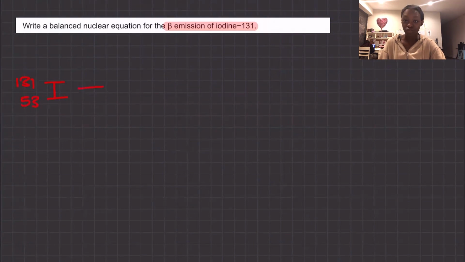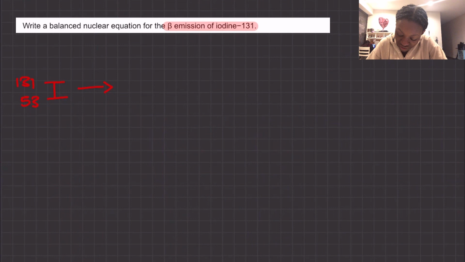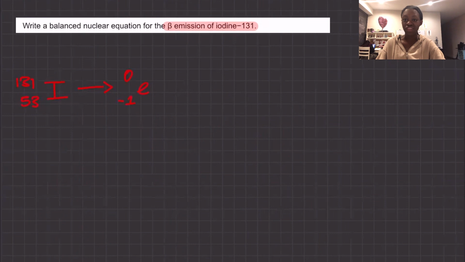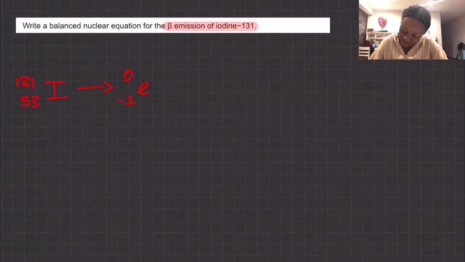Let's start with what we do know, which is that iodine-131 emits a beta particle. So the correct way of drawing a beta particle is to give it a 0 mass, a -1 atomic number, and to write an e, just like that, to show that it is an electron. Then we add our product.